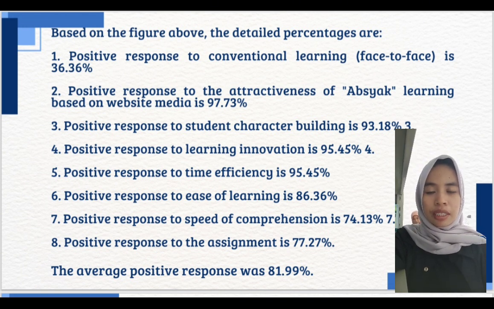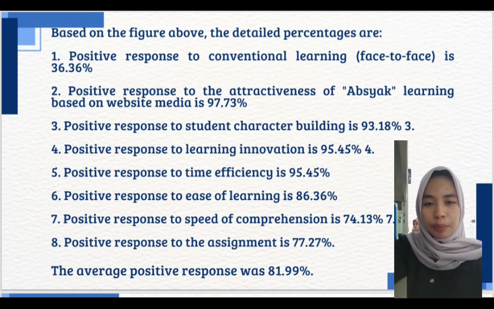And then for the seventh aspect, there is the positive response to the speed of understanding, which is 74.12%. And the last aspect, there is the positive response to the assignment, which was 77.27%. So the average positive response is 81.99%.